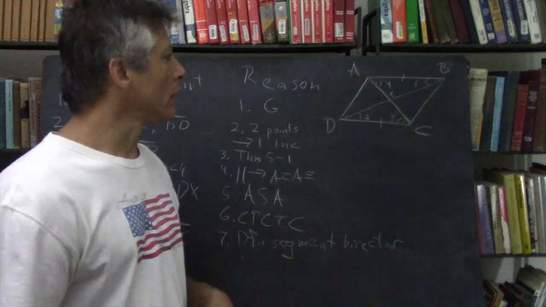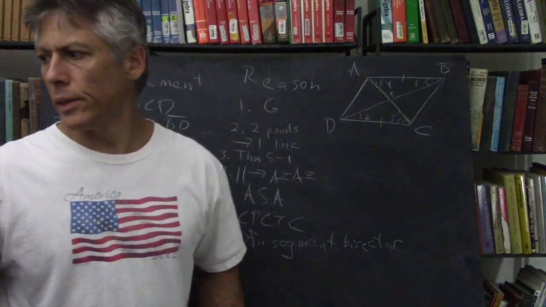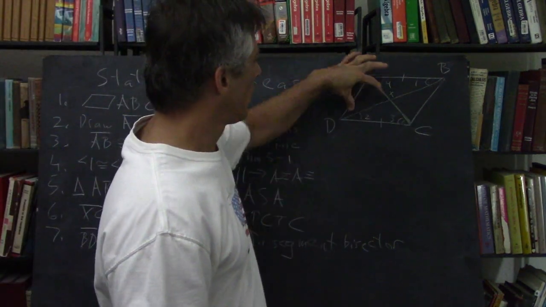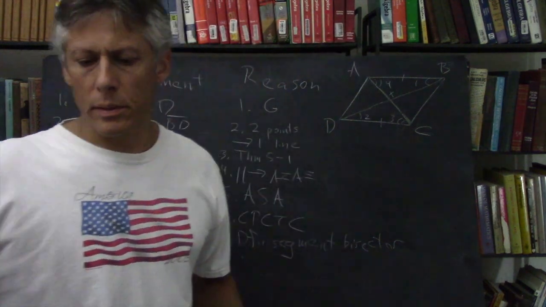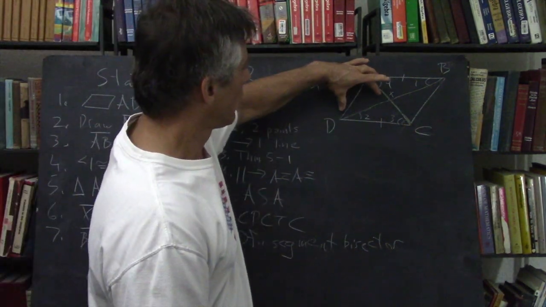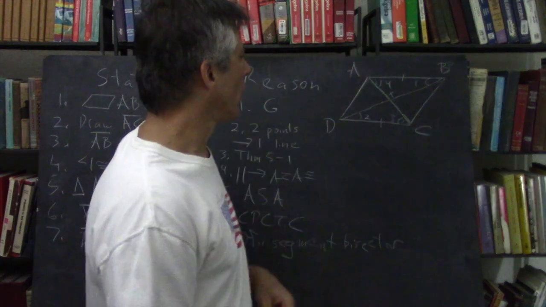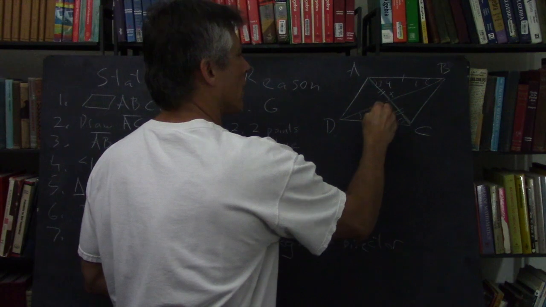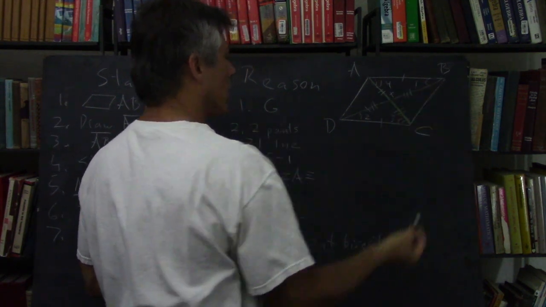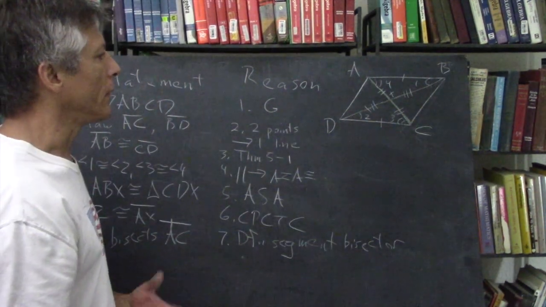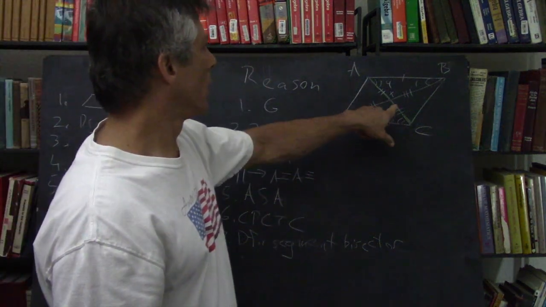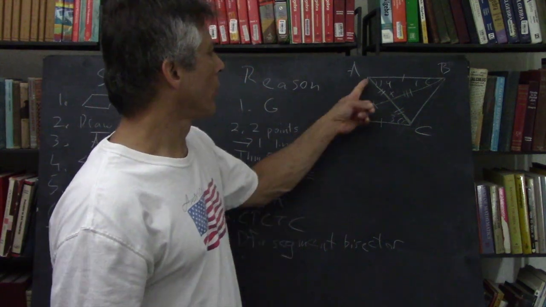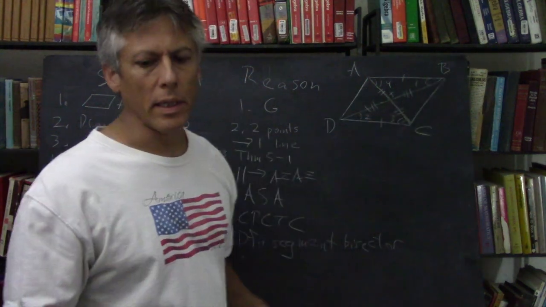And then you see, not by a similar proof, sorry, we can just see that this is congruent to this, by what we've already proven also. So that's the same as that, and that is the same as that. So by CPCTC, DX equals BX, and therefore AC bisects BD.